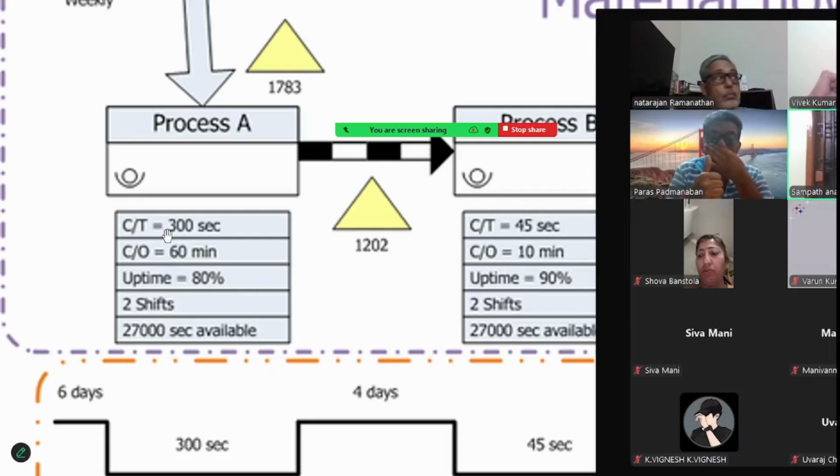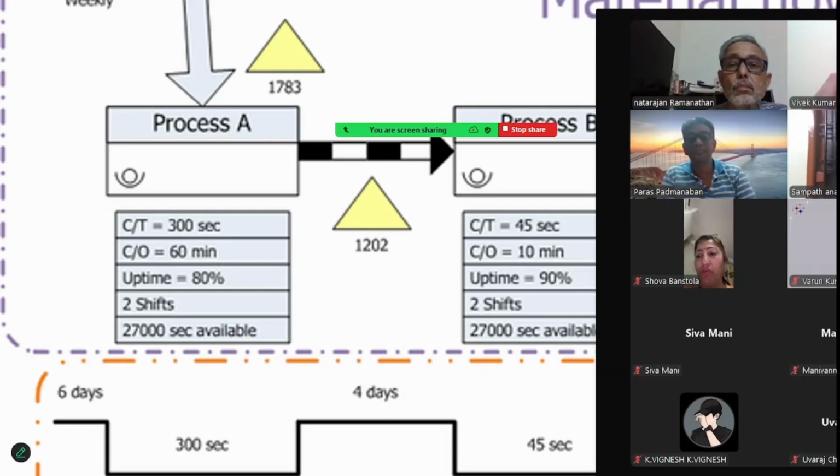When we say the cycle time for process A is 300 seconds, that means this process throws out one piece every 300 seconds. Also, another implication of this is that one particular piece spends 300 seconds while being processed at process A. Paras, Natarajan, Shiva? Yes, both these ways of interpreting the cycle time are clear to all of us.